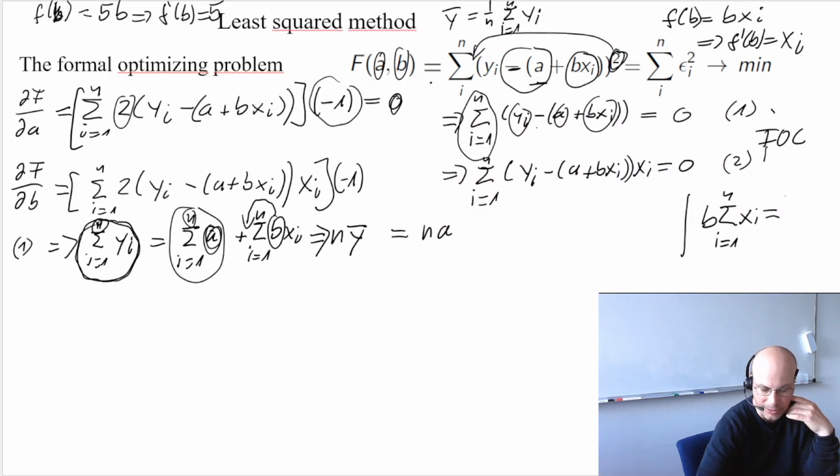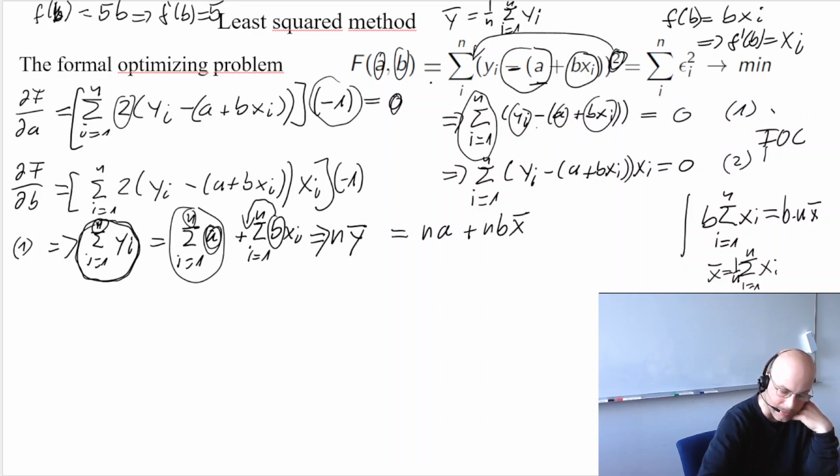So this is then just b times n times x bar, since x bar is nothing else than 1 over n times the sum of all xi. So we find this is n times b times x bar.